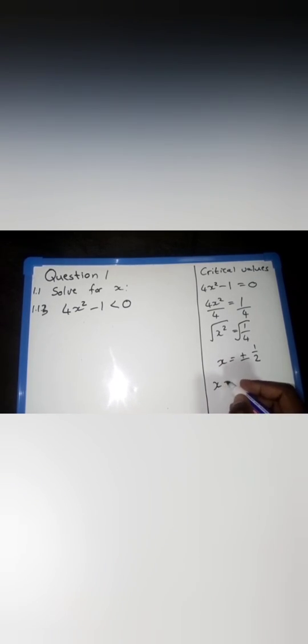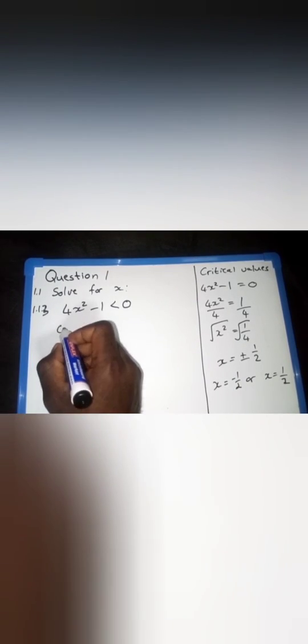So x is equal to negative a half, or x is equal to a half. When you go back to your answer sheet, you write critical values: x is equal to negative a half and x is equal to a half. So these are your critical values. Now you will draw your table.